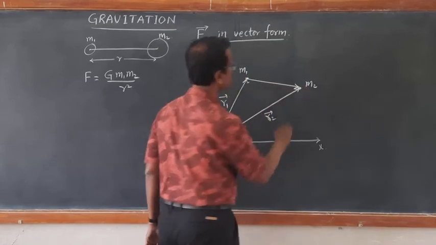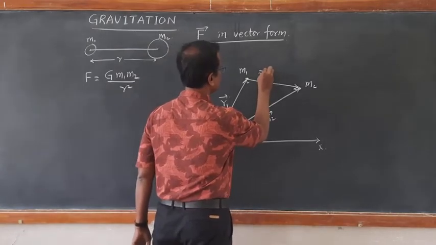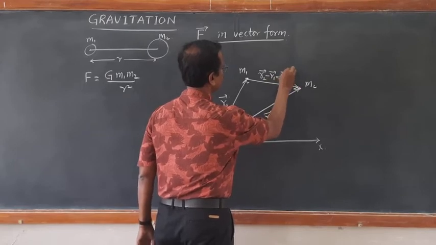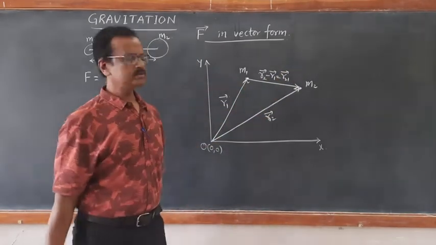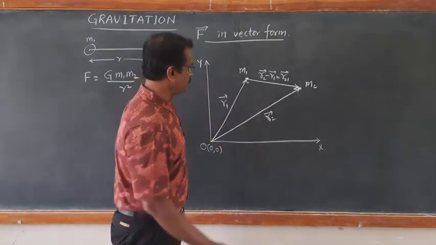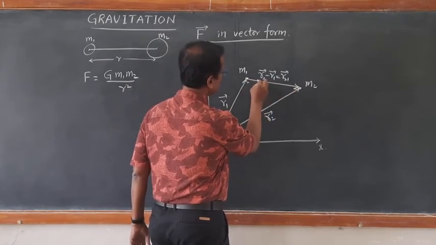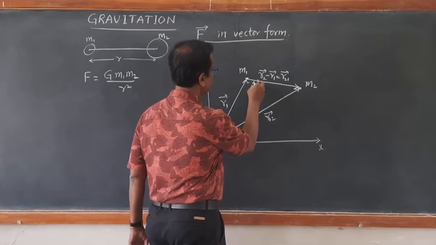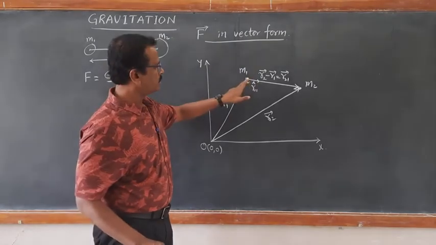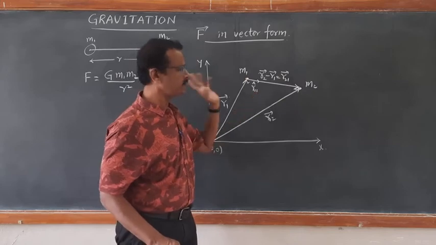So this is another vector, which through our previous knowledge is written as r2 minus r1 vector, that is equal to r21 vector, directed from the first particle to the second particle. So the unit vector of magnitude 1 directed from 1 to 2 is given by r21 cap.